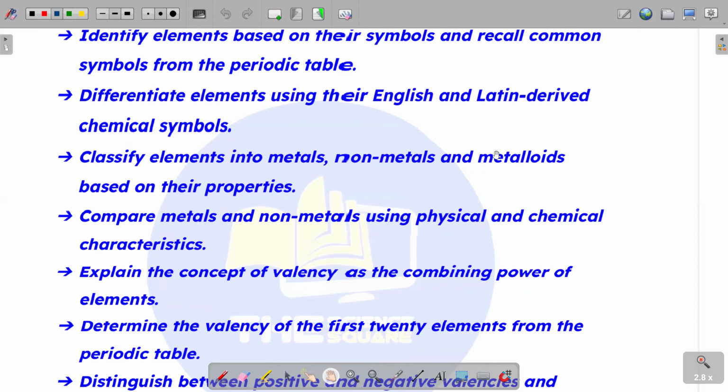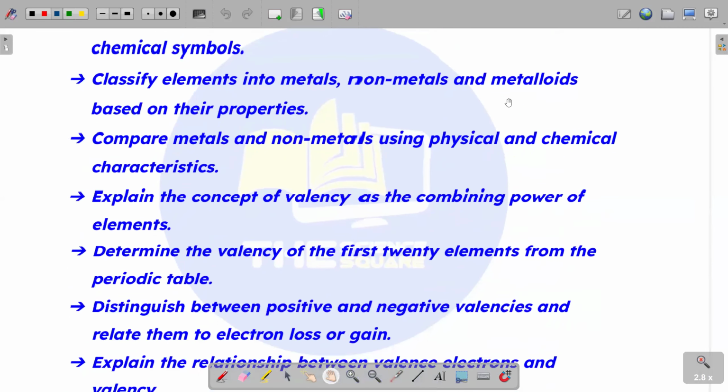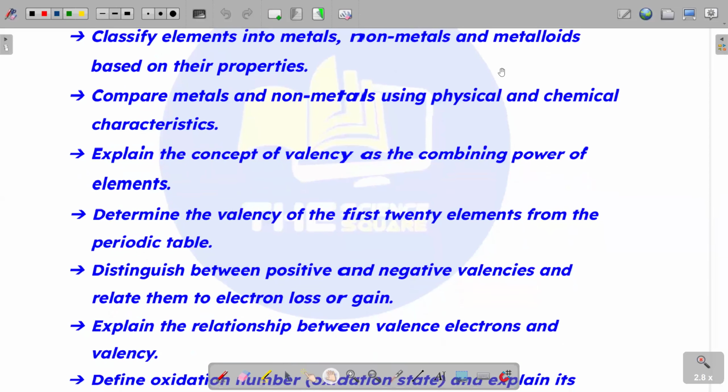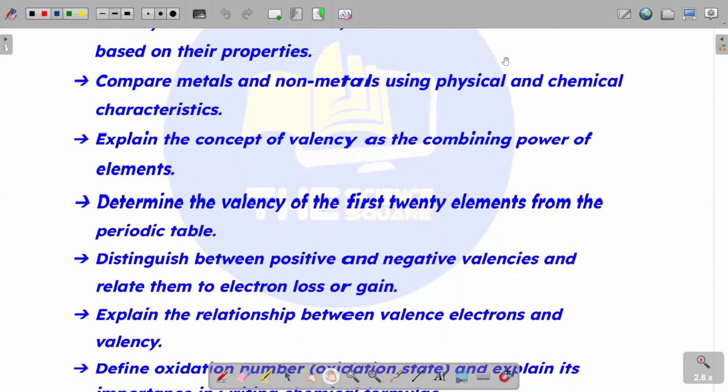Also, explain the concept of valency as the combining power of elements. You should be able to determine the valency of the first 20 elements from the periodic table.